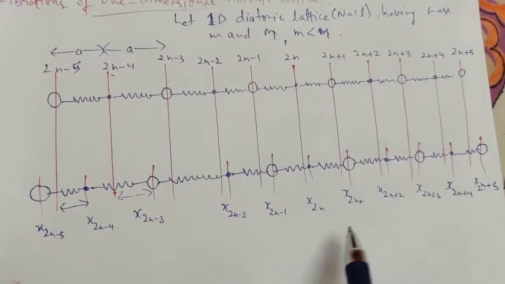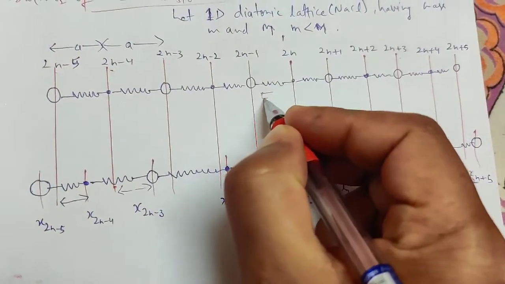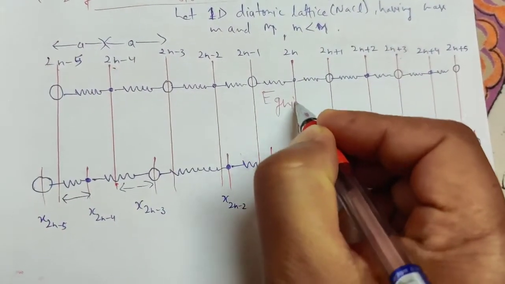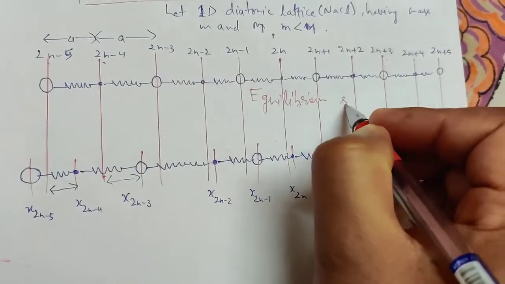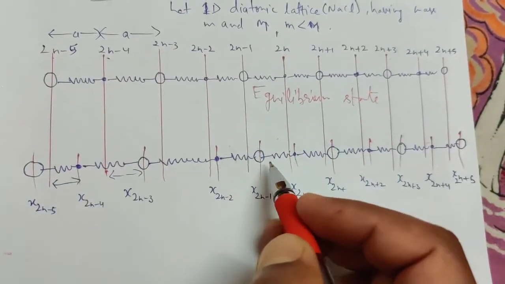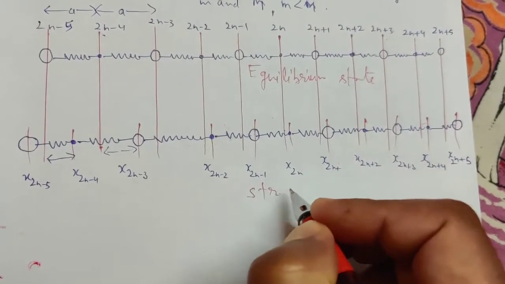Now this is along the x-axis. This is your equilibrium state, and this will be your strained state.